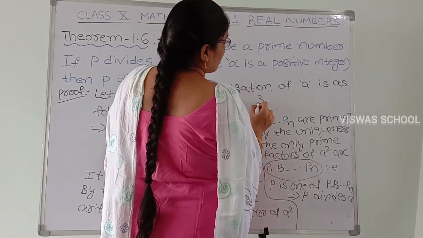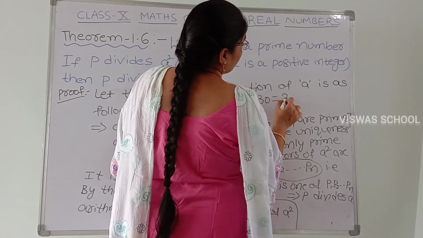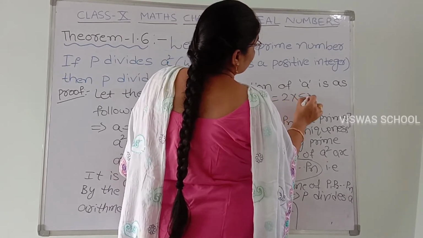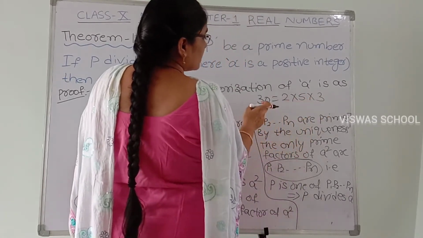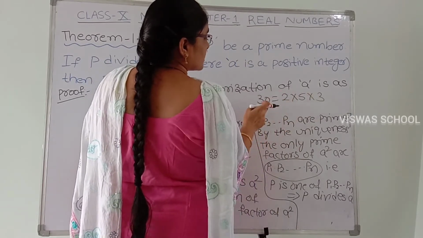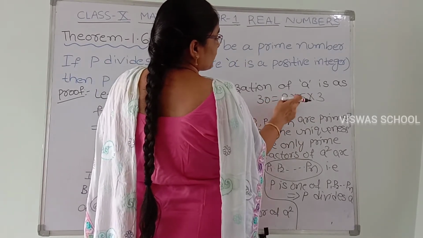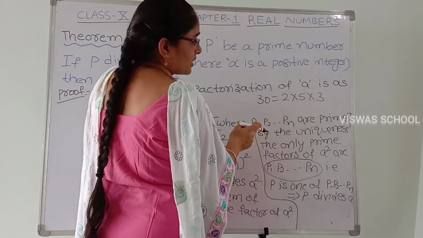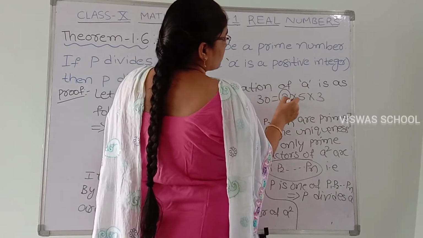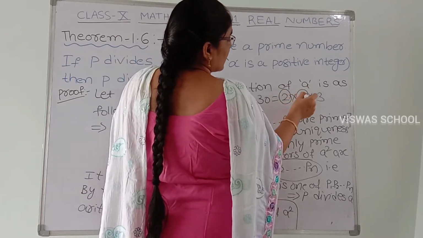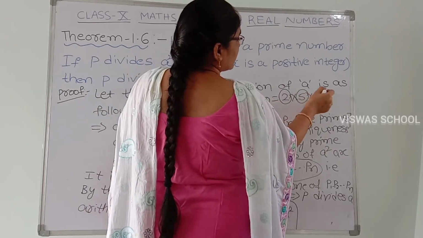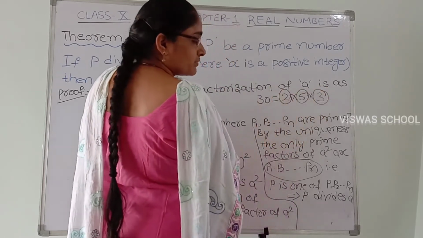For example, here I am taking 30. 2 into 5 into 3. These are the prime factors of 30. That is, 2 fives are 10, 10 threes are 30. That means 2 is a prime factor, 5 is a prime factor of 30, and 3 is also a factor of 30.